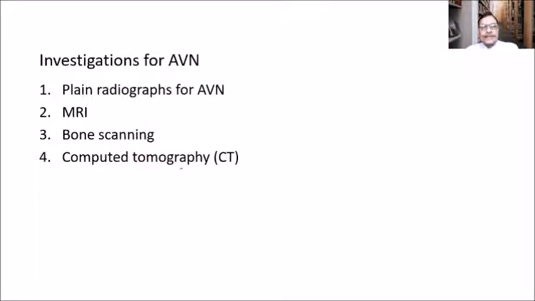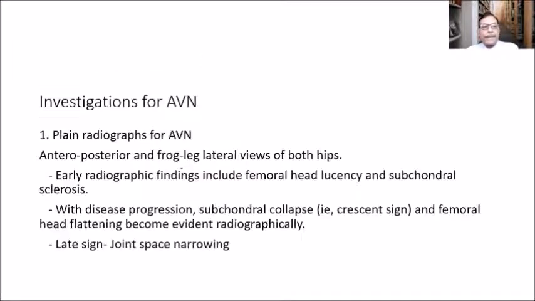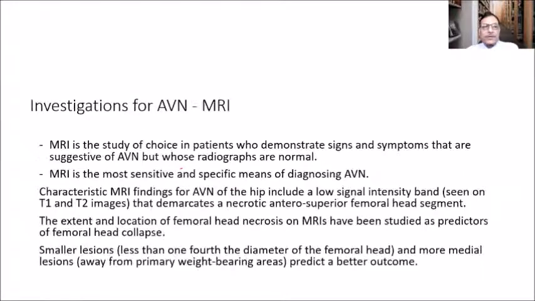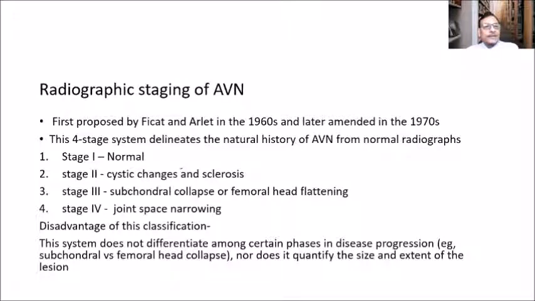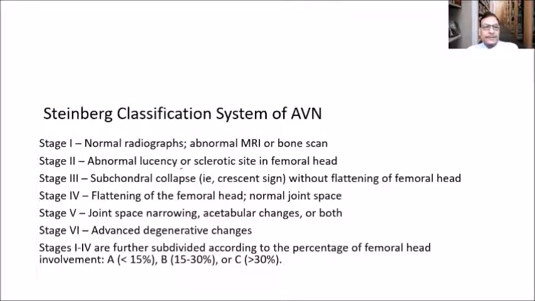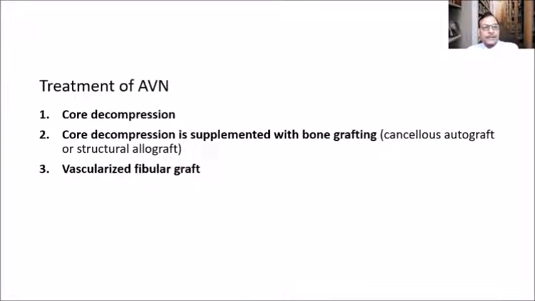Remember that MRI is the investigation of choice. Bone scanning can be done. Plain radiographs, serial radiographs, are required, but MRI is the best one. And there are some radiological stagings of AVN. There is the classification of Steinberg.